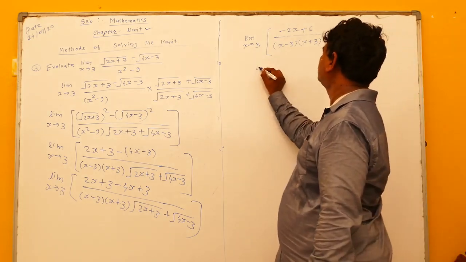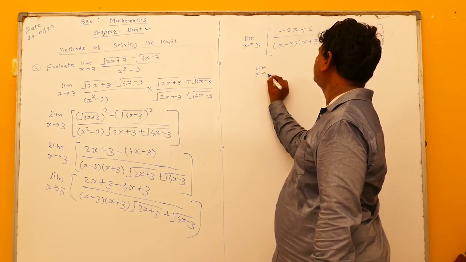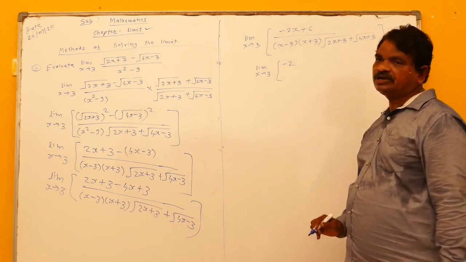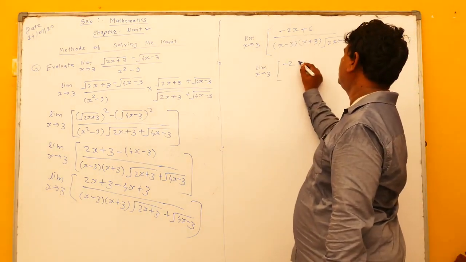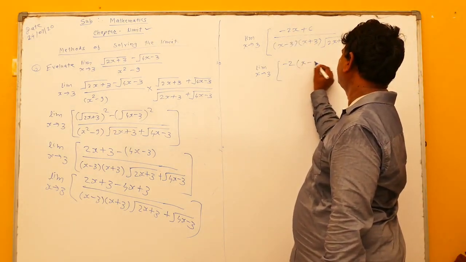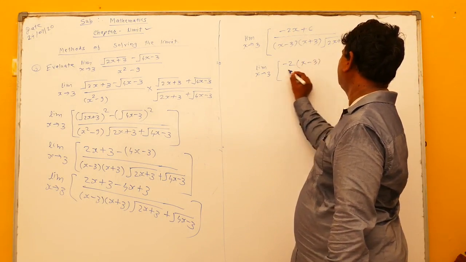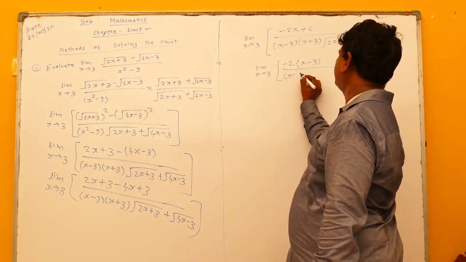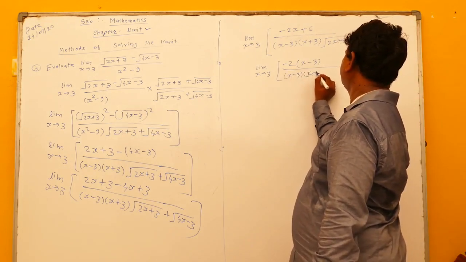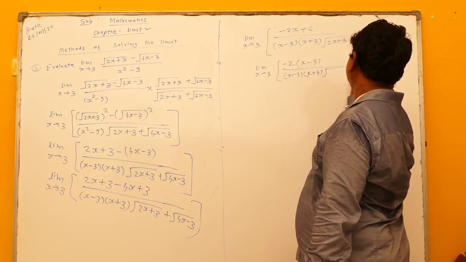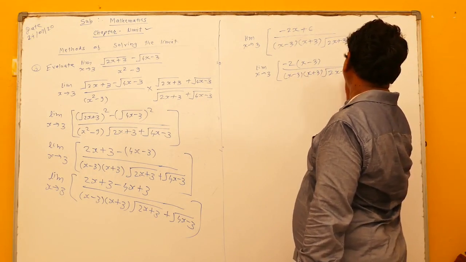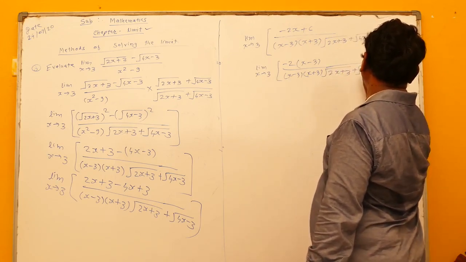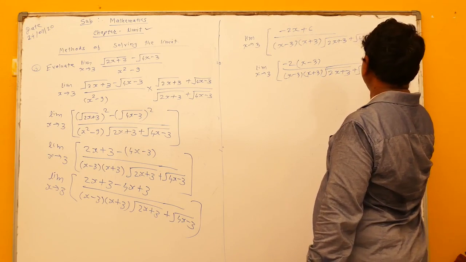Here limit of x tends to 3. If minus 2 is taken common, then we will get x minus 3 in the numerator, and the denominator will be as it is, x minus 3, x plus 3, into under root 2x plus 3 plus under root 4x minus 3.